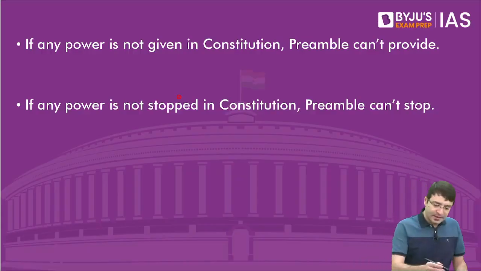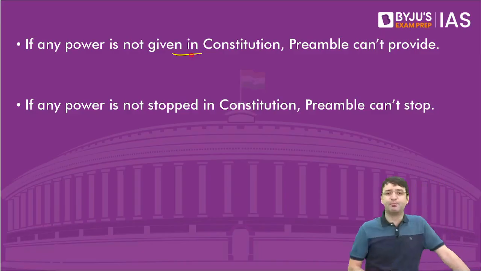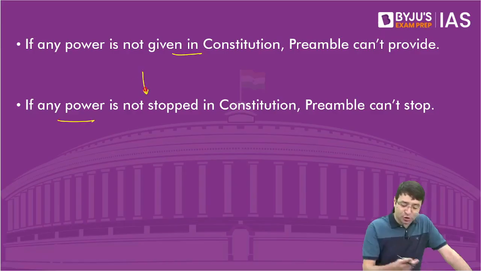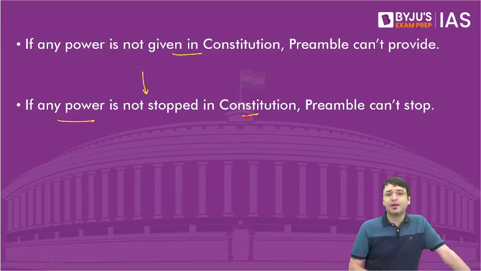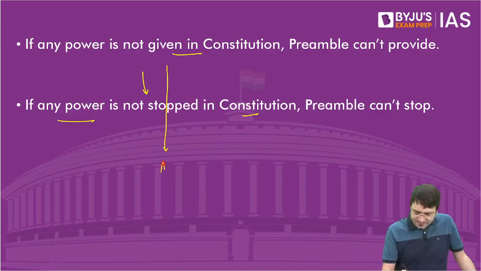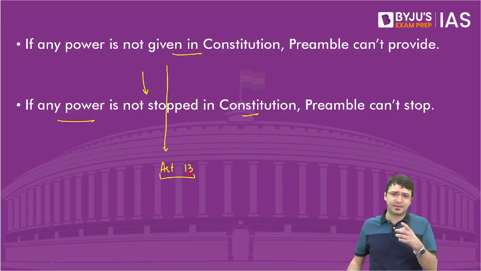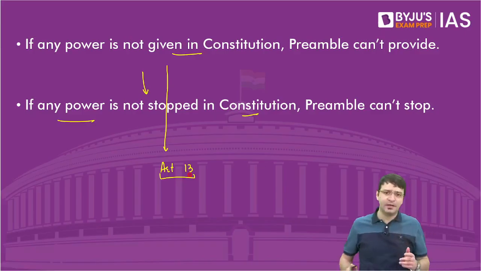One, if any power is not given in the Constitution, preamble can't provide. And if any power is not stopped in the Constitution, Parliament can't stop. What does that mean? Let's say, for example, we have Article 13 of the Constitution, which we will discuss in the Fundamental Rights chapter, but very briefly here.